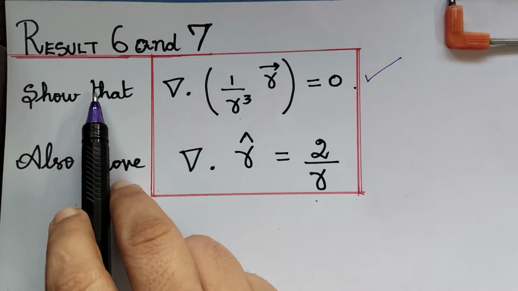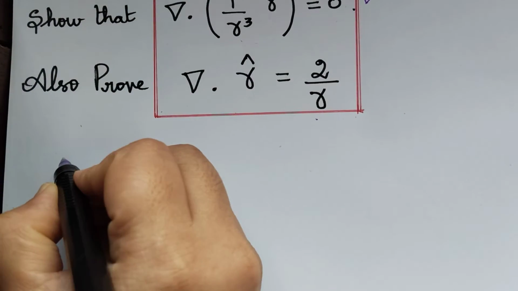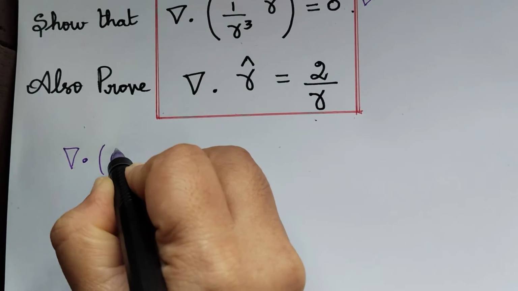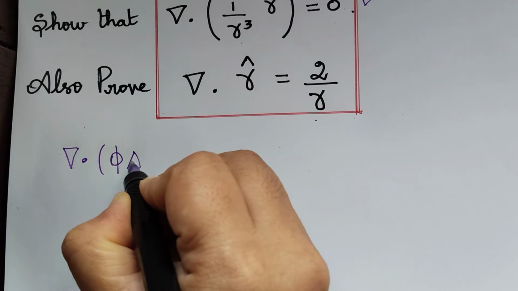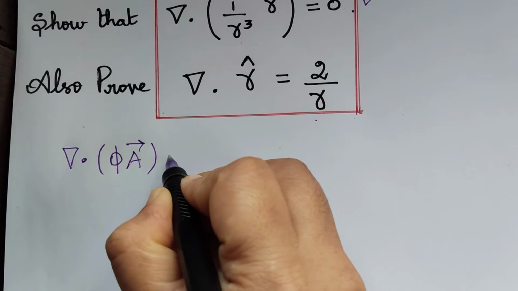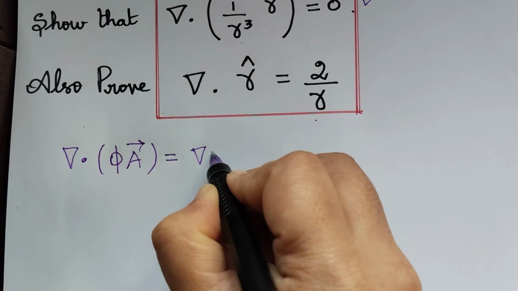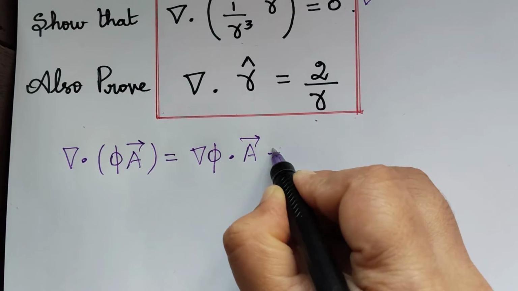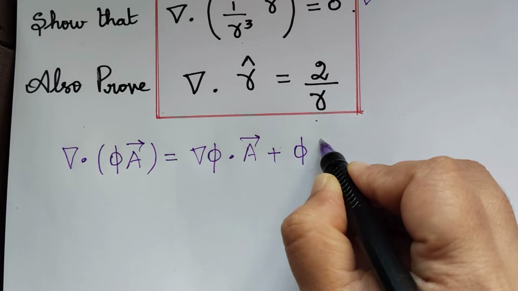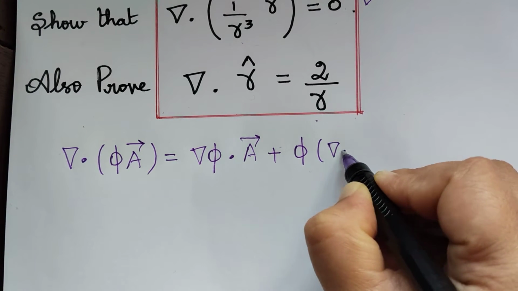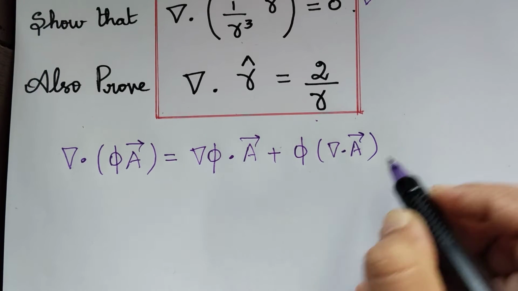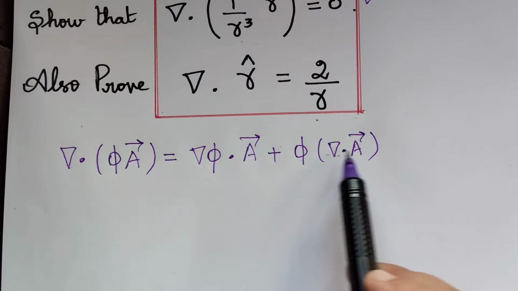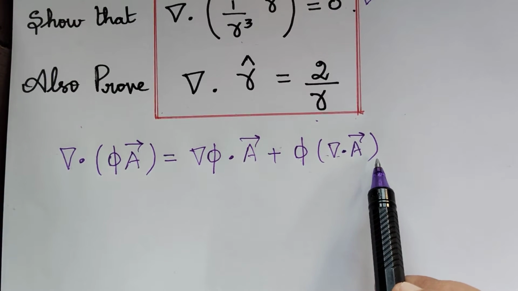That is, nabla dot product of a scalar point function phi and a vector point function a vector is given by nabla phi dot a vector plus scalar point function multiplied with nabla dot a vector. So this is multiplication and these two are dot products.